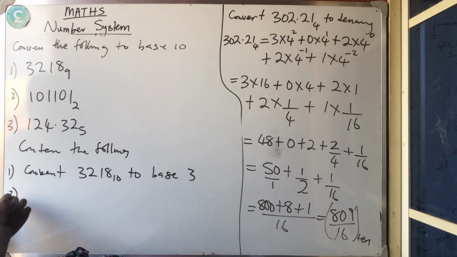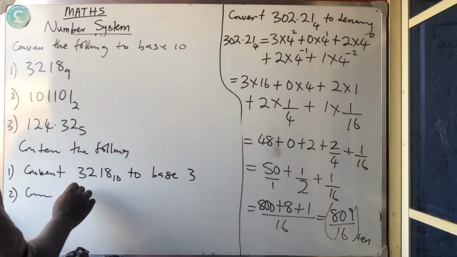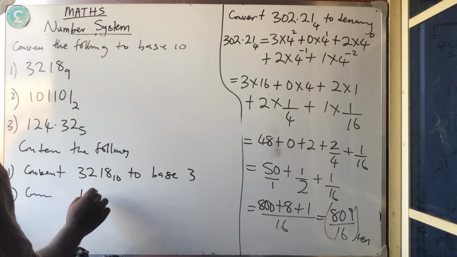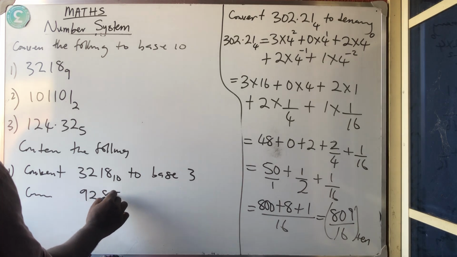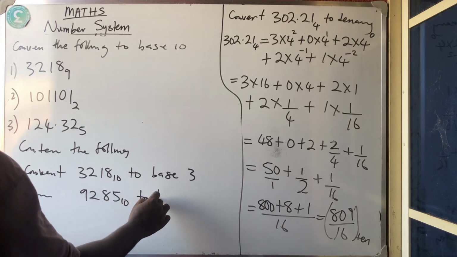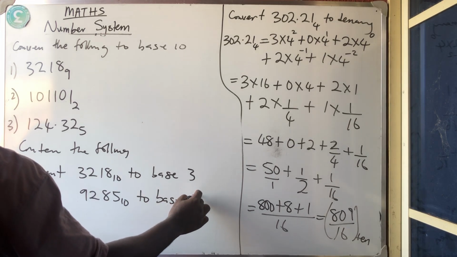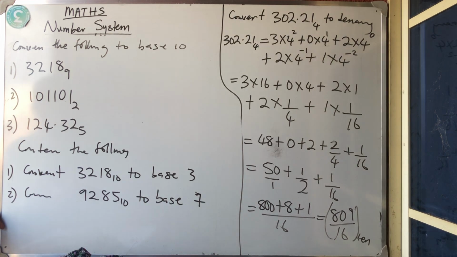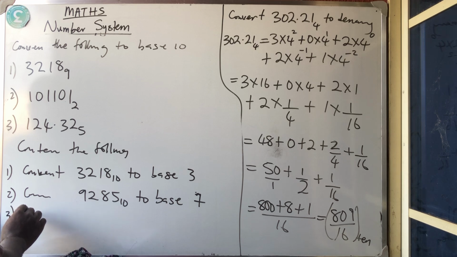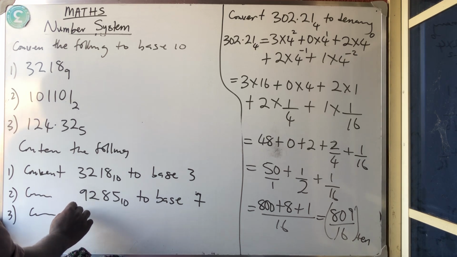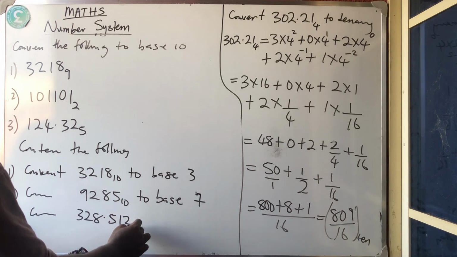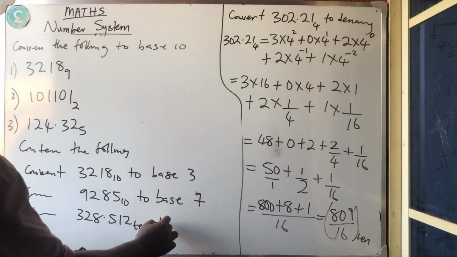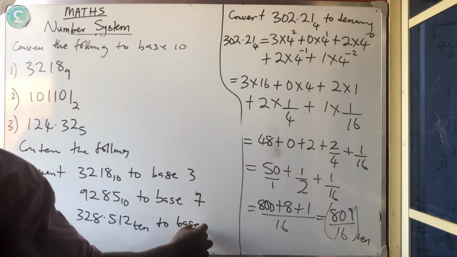The second question says convert 9285 base 10 to base 7. The next one, number 3, said convert 328.512 base 10 to base 5.